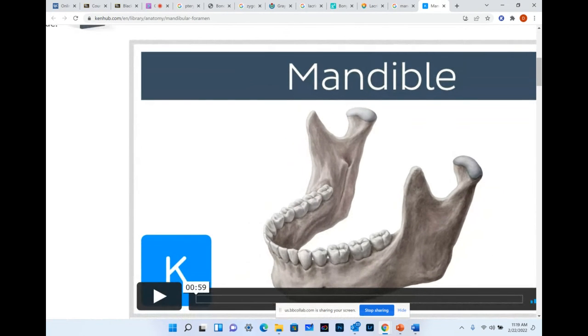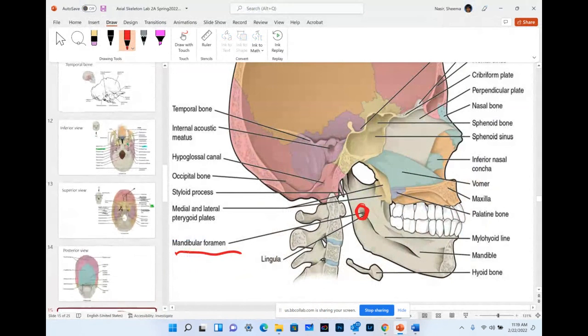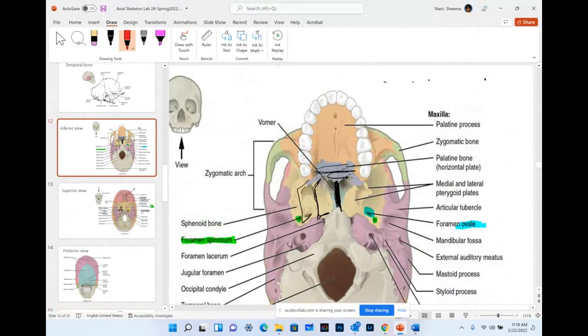Now, guess what? We are going to look at the teeth. I like this, but I cannot write on it, so we are going to go back to our little thingy. Okay, so this is the upper jaw. How many teeth do we have in our entire mouth? There are 32.